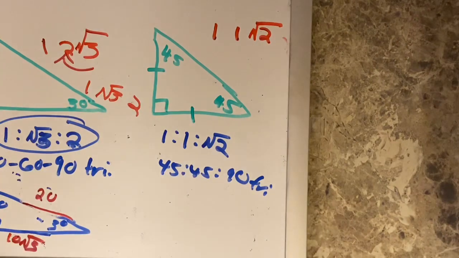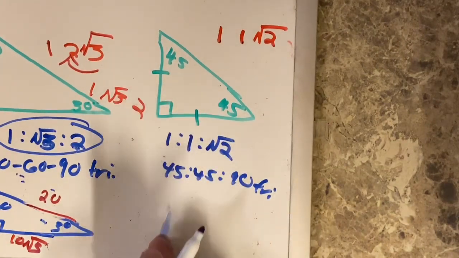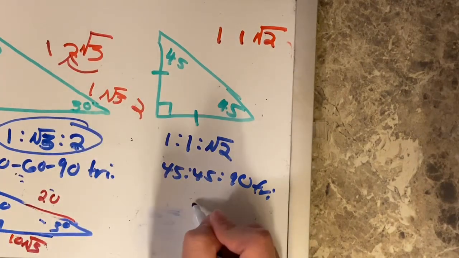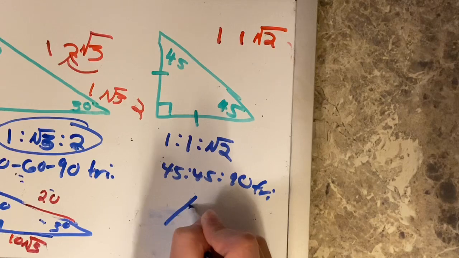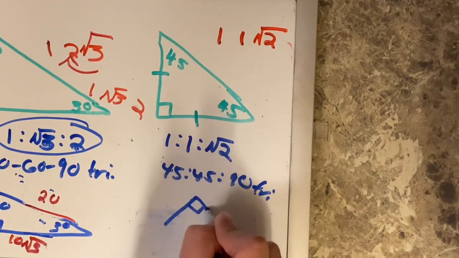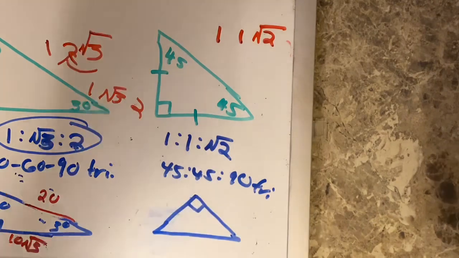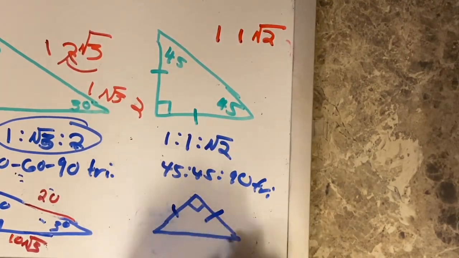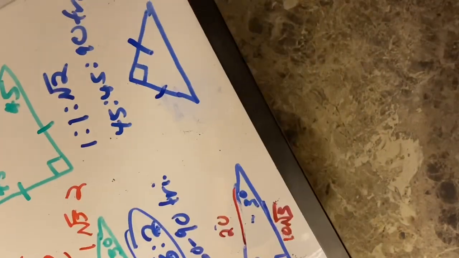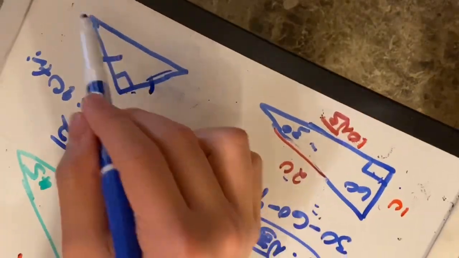Let's get out the blue expo marker. How about let's draw like this. Let's see. There you go. That's a much better one. So this will still be the hypotenuse, because if you tilt this, see, these are the two legs and this is the hypotenuse.